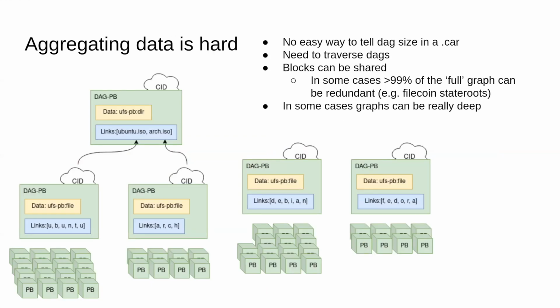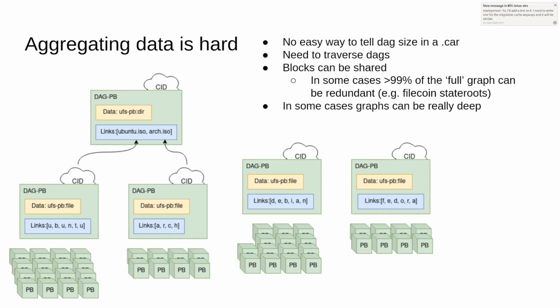So aggregating data is kind of hard. You cannot easily tell what size some DAG will have just by looking at its root node. You need to traverse the whole DAG.